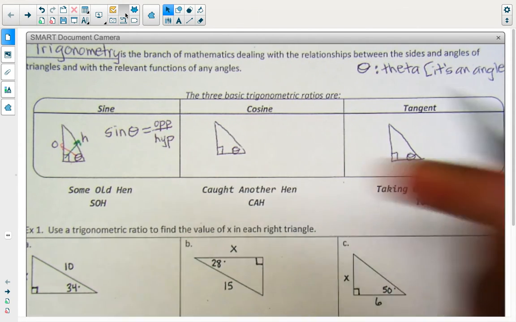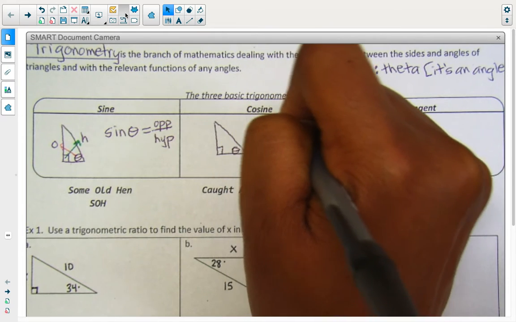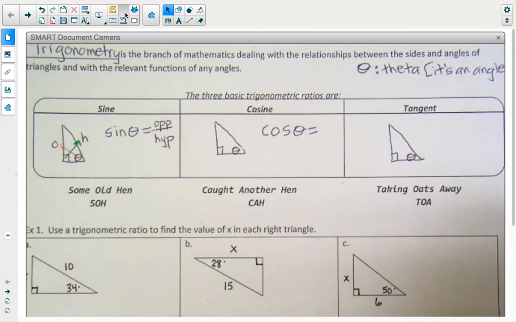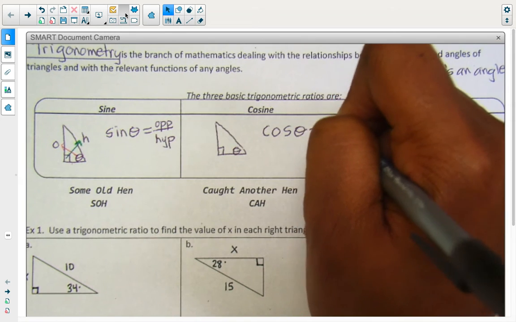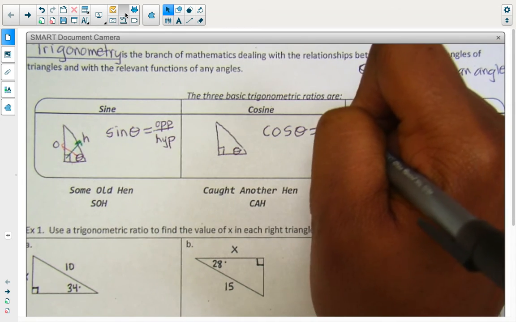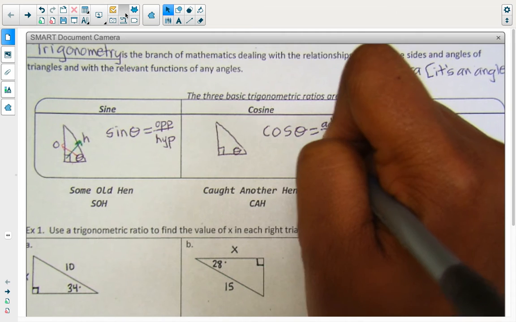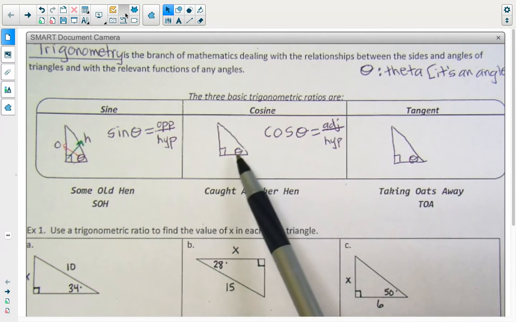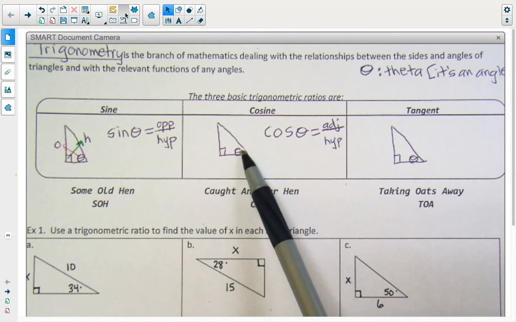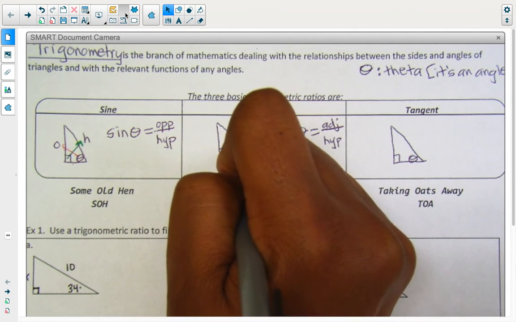Now let's take a look at cosine. The abbreviation for cosine is COS. Our definition for cosine is adjacent over hypotenuse. Let's label that in our triangle. Again, this is my reference point. This is where I'm starting from. My adjacent side is actually here.